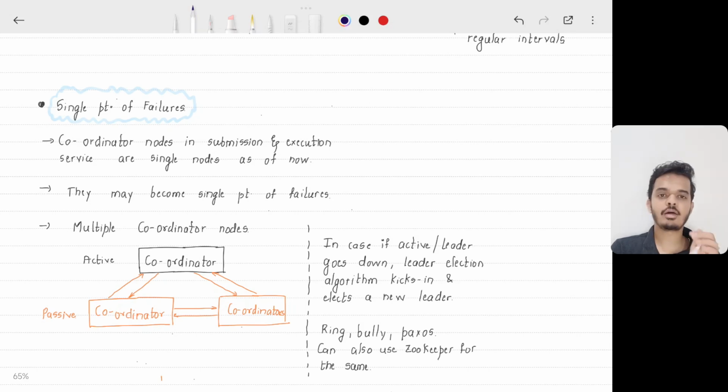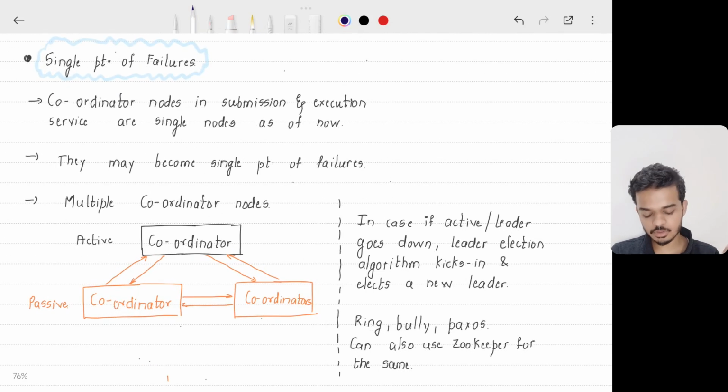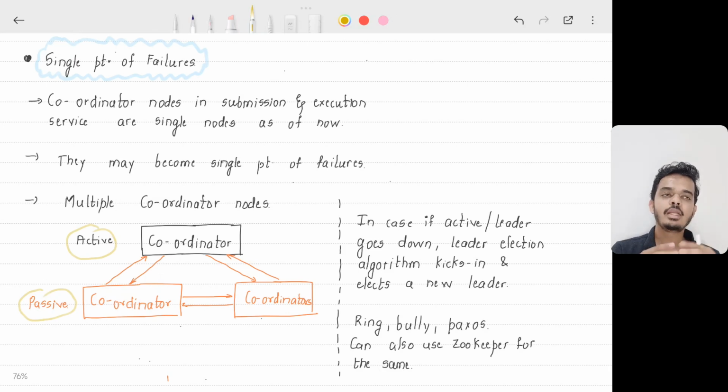Okay. We can set some number and these coordinator nodes would be present on different networks or in different regions. So these coordinator nodes, amongst all the coordinator nodes, one is going to be active coordinator node and others are going to be passive coordinator nodes. Why do we need them in different regions or different network or on different power supply? If because of some reason one node fails, let's say there is power cut and one node fails, coordinator node fails, then we can make sure that the other nodes which are on different power supplies would still be live.